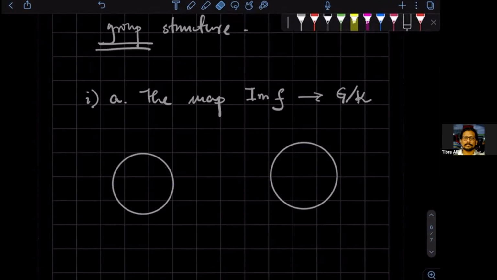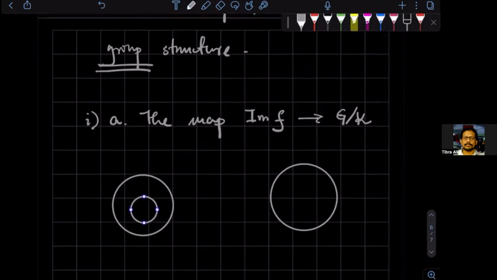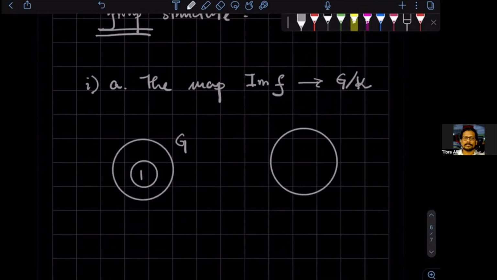So this is a G, and this is suppose K, and this is the image of F, right?